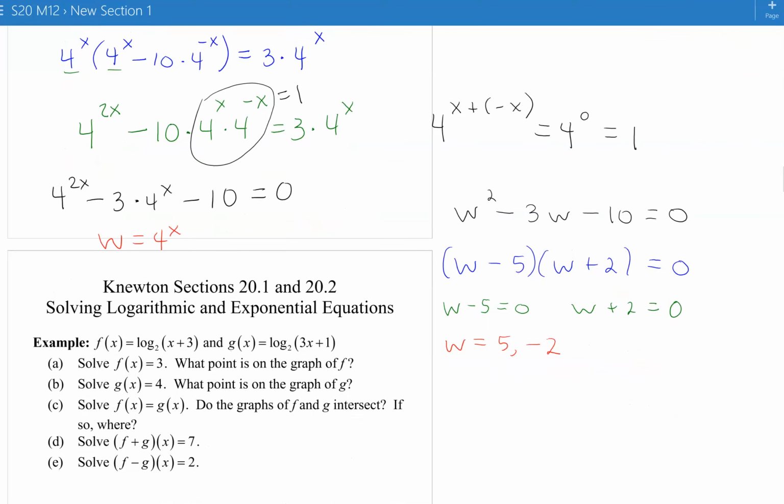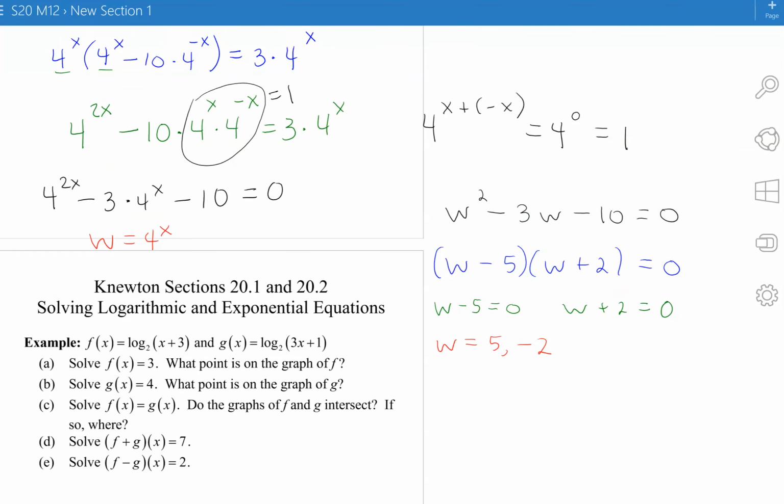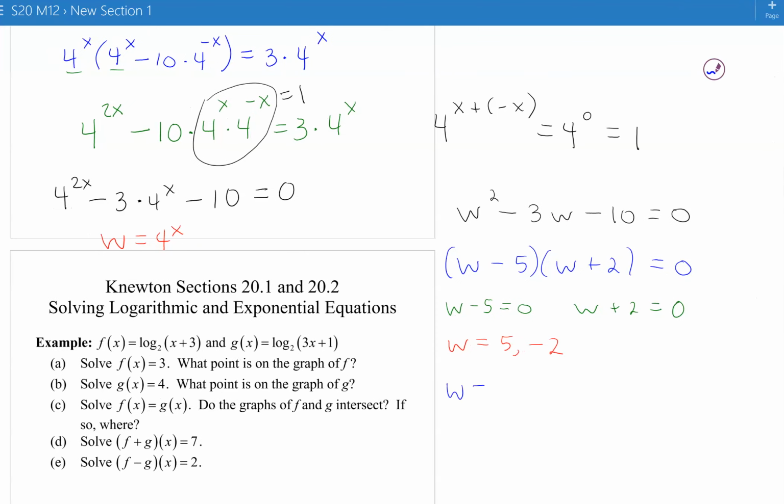So let's look first at, could w equal 5? And that would be 4 to the x. So we need to use the ln to solve this for x. The ln of 5 equals the ln of 4 to the x.